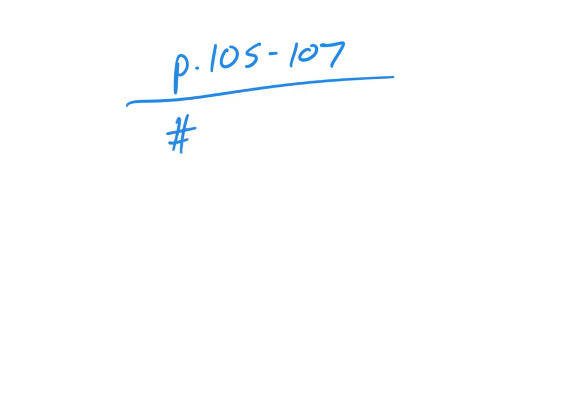The way this is set up in your textbook is kind of like I did with the notes. I think they do mostly the ands first, and then they move into the or statements. So they're kind of organized by the part that you're doing.